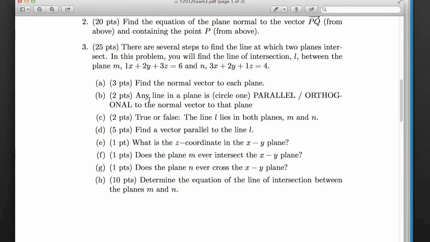How can I explain this otherwise? My line L has got to be orthogonal to this vector, and it's got to be orthogonal to this vector. So if I just simply want to find a vector that's parallel to that, well, I can just take the cross product.